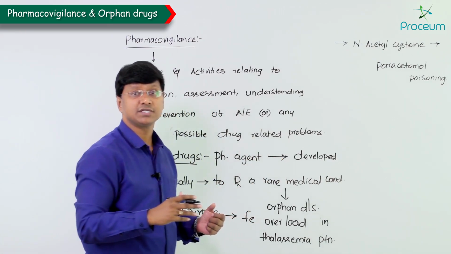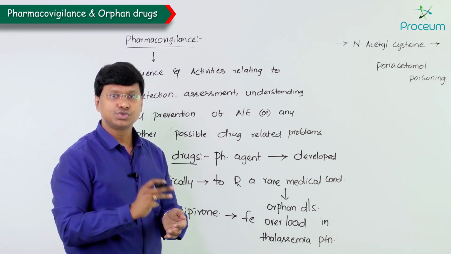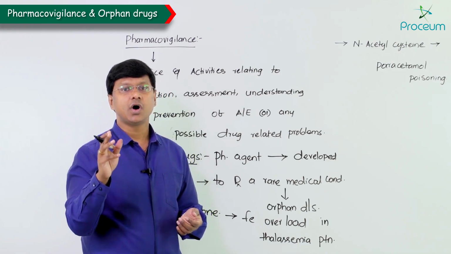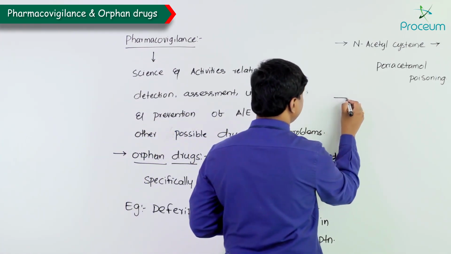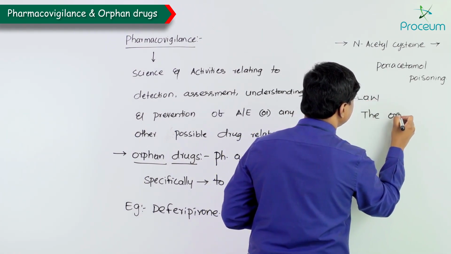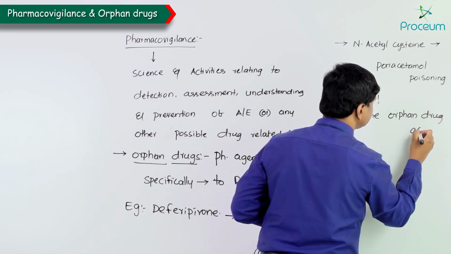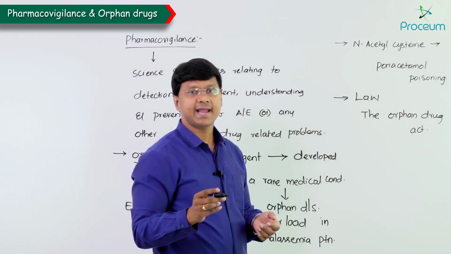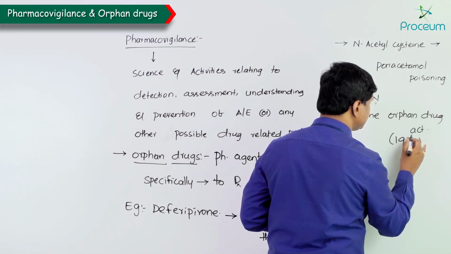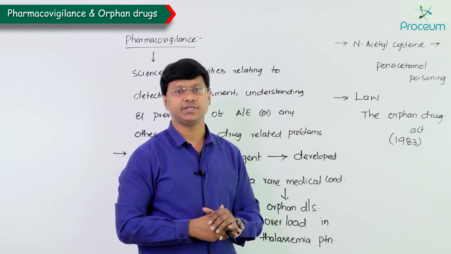So a separate law known as the Orphan Drug Act was passed in 1983. This can be asked as a multiple choice question. So the Orphan Drug Act was passed in 1983.